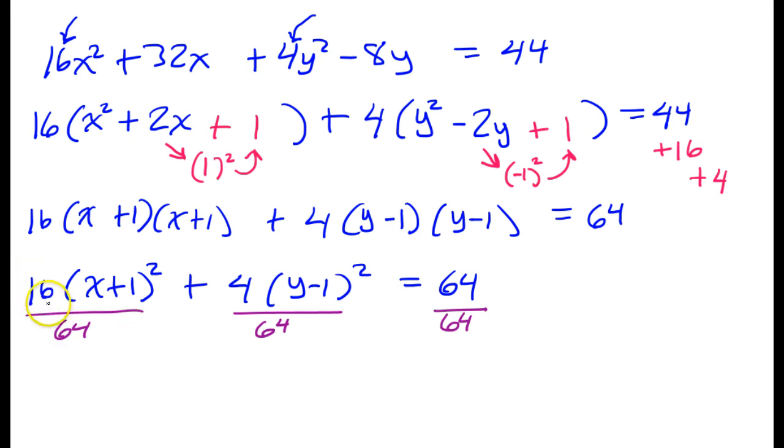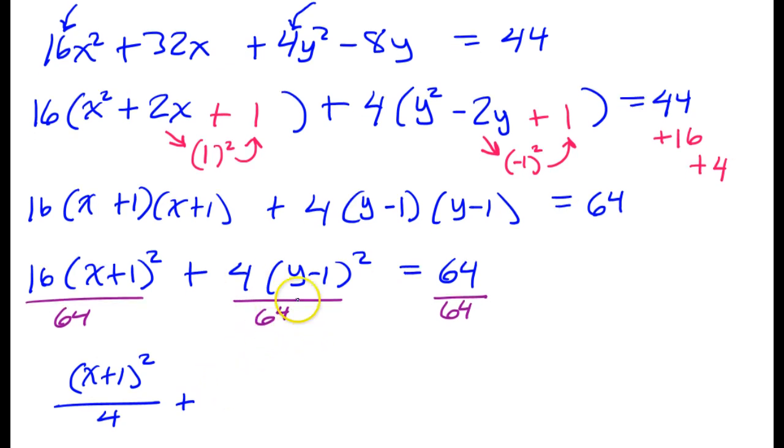Okay, how many times does 16 go into 64? 4 times. So if I reduce this fraction, I'm going to wind up with x plus 1 squared over 4. And then that means 4 must go into 64 16 times. So this fraction will reduce down to y minus 1 squared over 16. And all of that will equal 1.